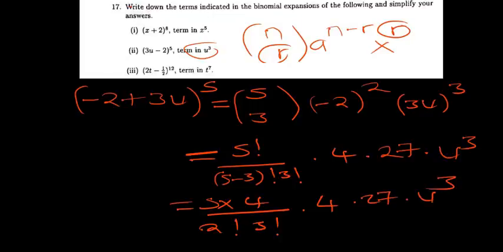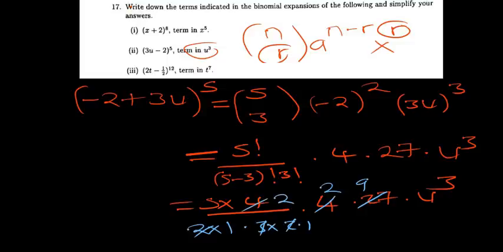Now 3 factorial can be expanded to make things simpler. 2 factorial is 2 times 1, and 3 factorial is 3 times 2 times 1. 3 there is 1, 3 there is 9. 2 there it's 1, 2 there it's 2. 2 times 5 is 10, times 2 is 20. Now 20 times 9 is 180.